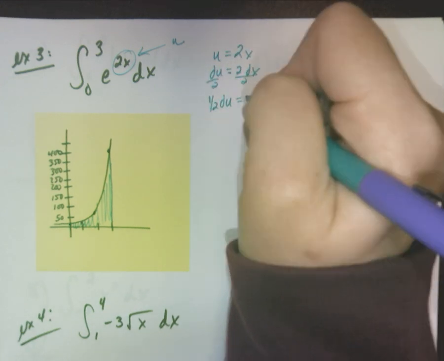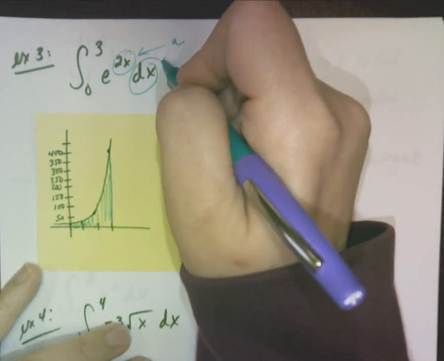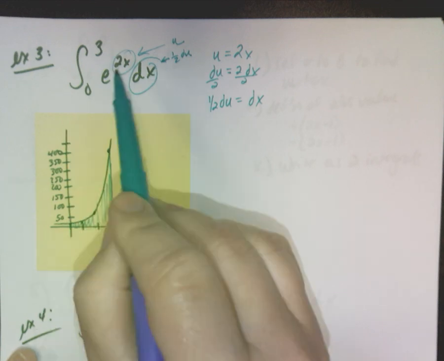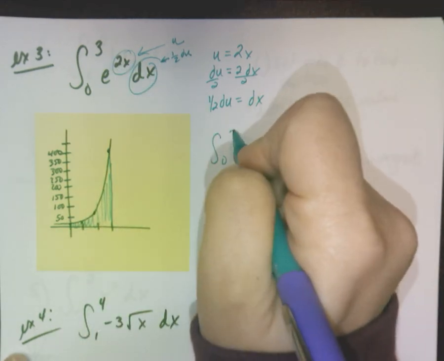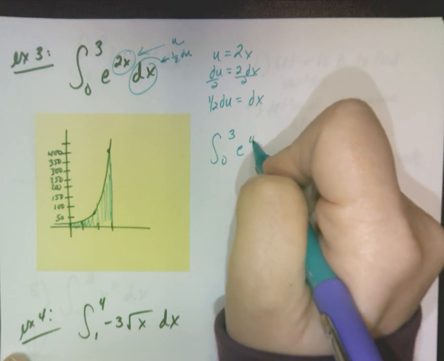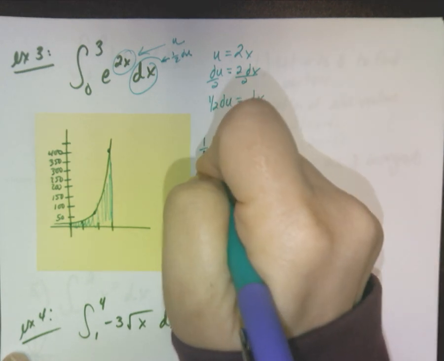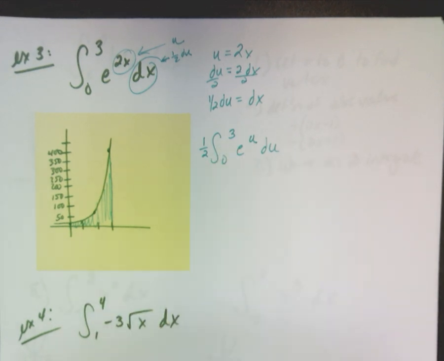So a half du equals dx. So this right here is a half du. I'm going to now rewrite this. This would be the integral from 0 to 3 of e to the u du. And then that 1/2 you can actually just pull out. Sometimes I just left it right there, but it doesn't matter.